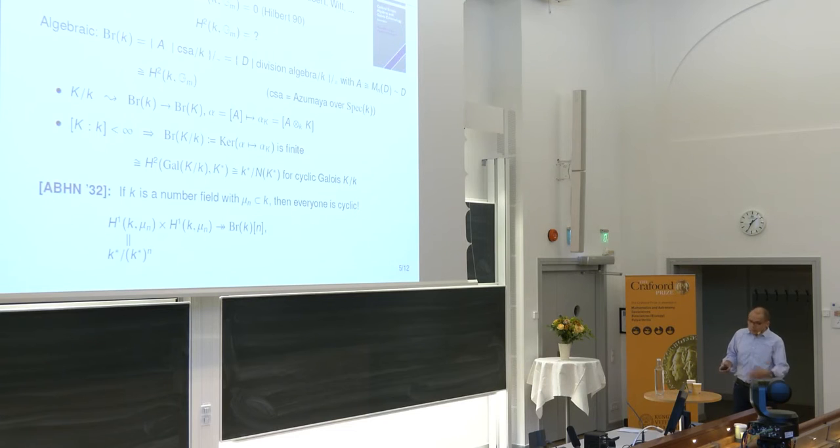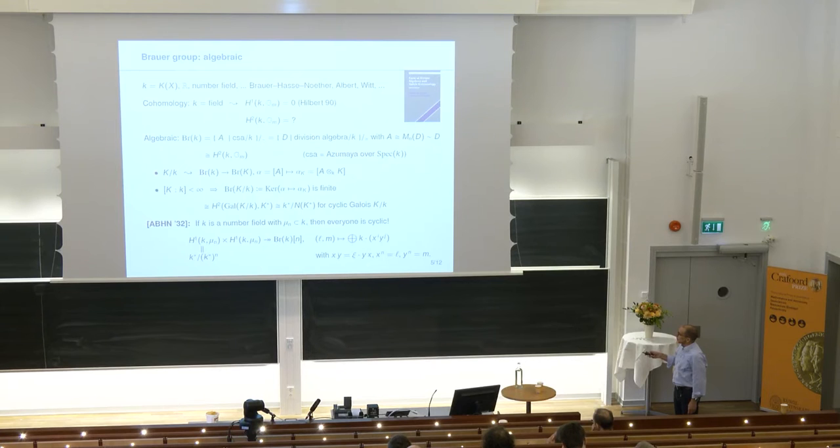And then the big highlight of the early days of Brauer groups is this theorem by Albert-Brauer-Hasse-Noether, this paper from 1932, which essentially describes all Azumaya algebras, at least for number fields, at least under some assumptions on the number field, by a construction that looks similar to the one I gave you for line bundles. So you take two units in your field, and you write down a big vector space like this, with this multiplication, where this is again the root of unity, and these are the rules.